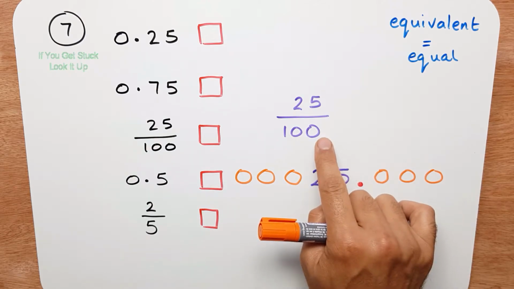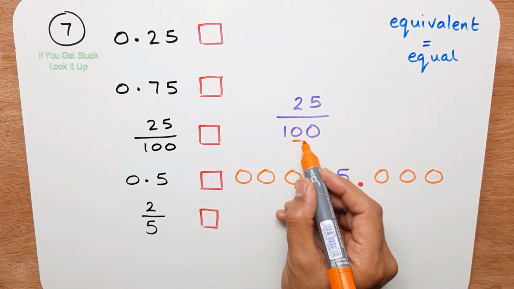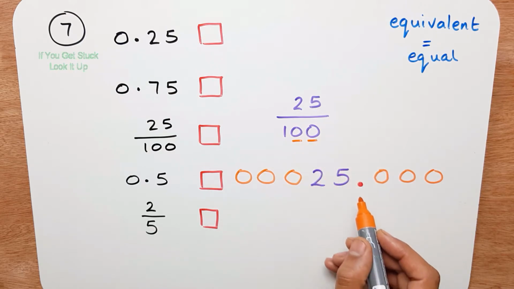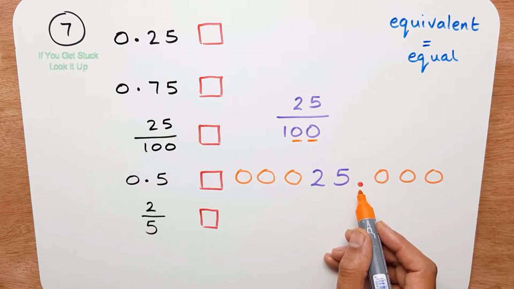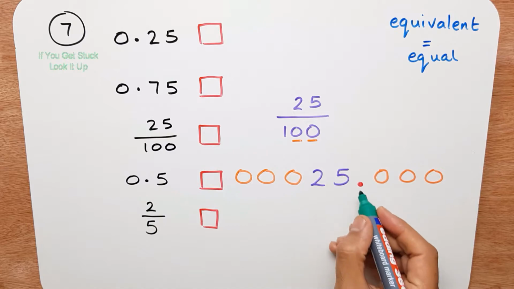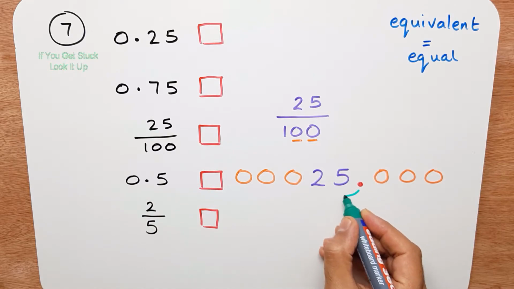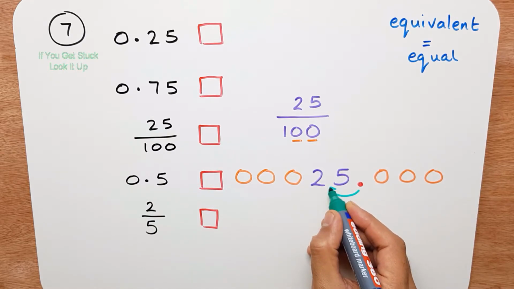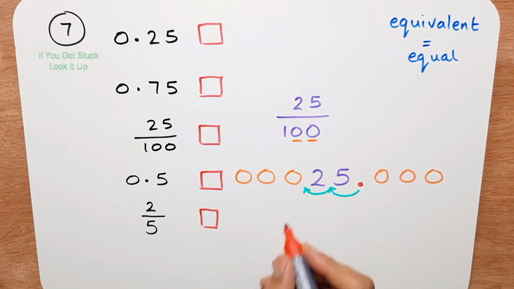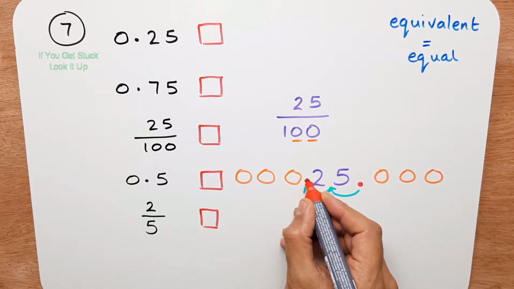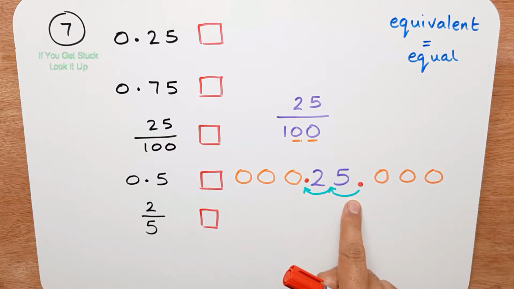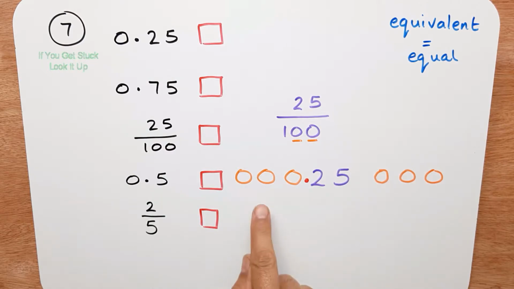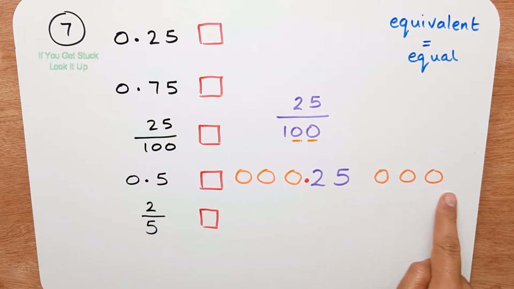Now, whenever you divide by 100, you move the decimal point 2 places to the left. So we make the number smaller. So this here is going to move 2 places there. So the decimal point is there now. So I can remove this. So we have this now. And all these zeros we can remove.